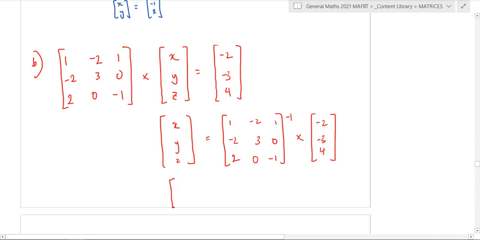And that'll give us the values for X, Y, and Z, which is, okay, jump on our calculator.